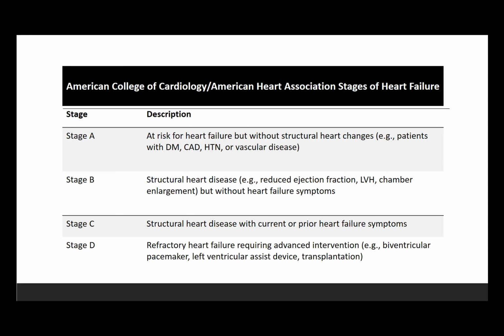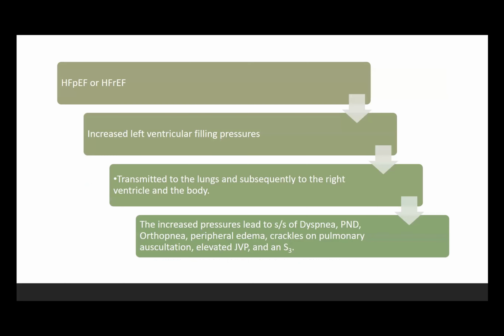Stage C is structural heart disease with heart failure symptoms. And D is when it's refractory. So in this classification, you're not able to move back from C to B. How that's important, we'll talk about when we come to therapy, but it's a good basic understanding, because when we start discussing modalities for more refractory heart failure, it's important to know which class or stage the patient is.